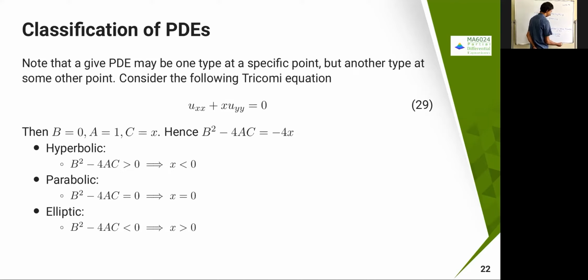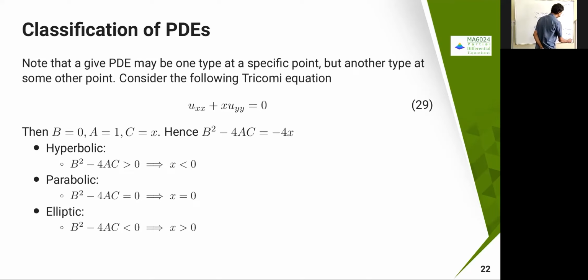In that case it is parabolic. And if b square minus 4ac is less than 0, then x is greater than 0, and in that case it is elliptic.